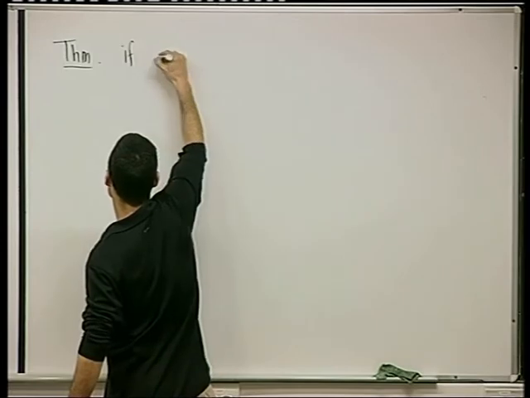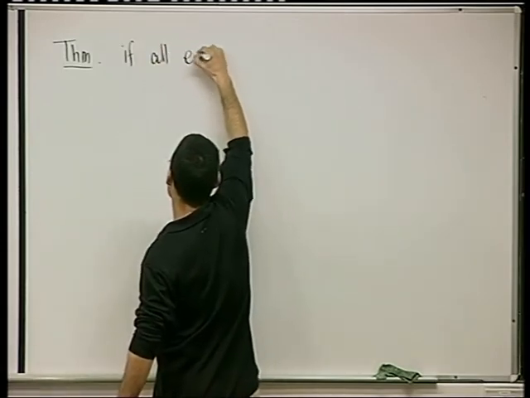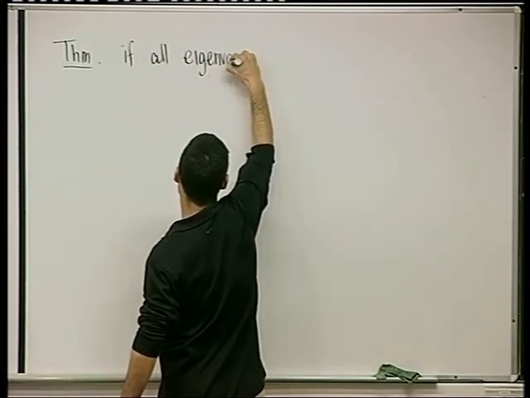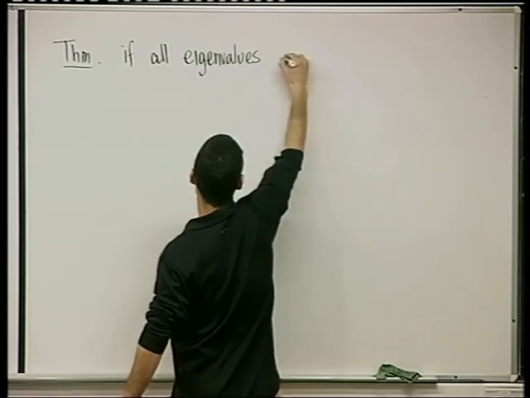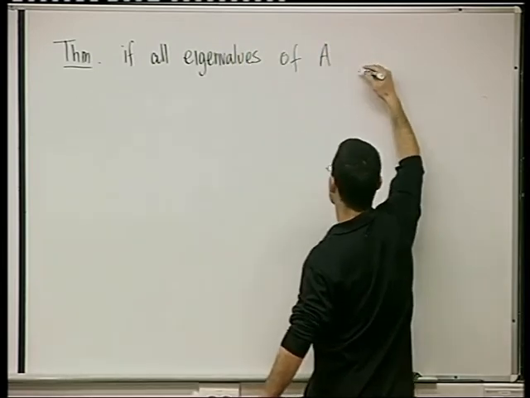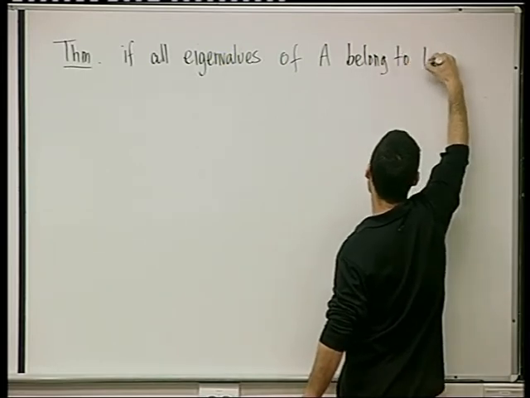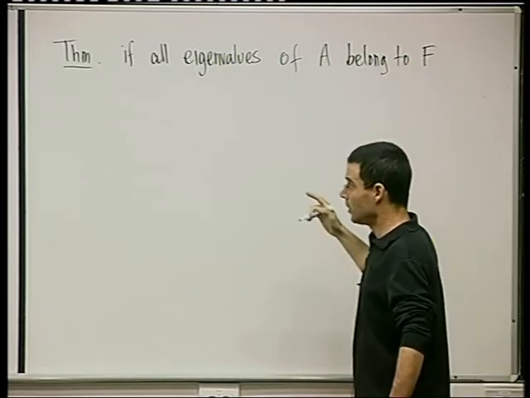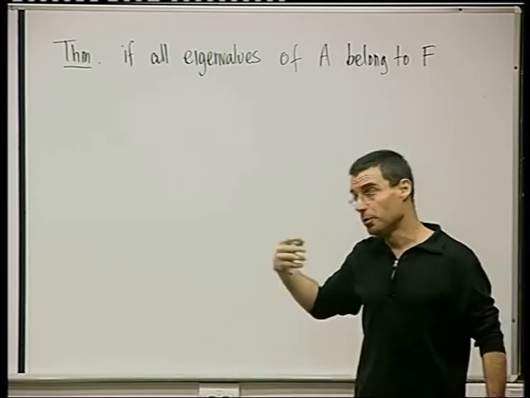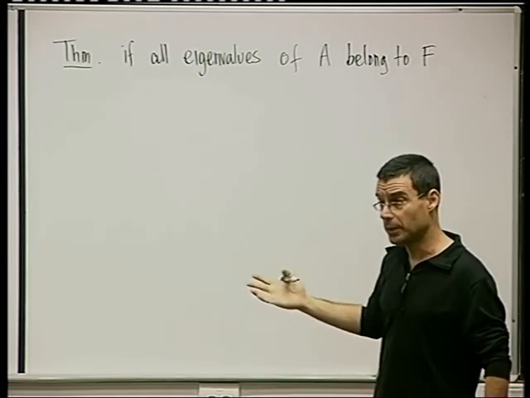If all eigenvalues of A belong to F, so for example, the eigenvalues are the roots of the characteristic polynomial, right?